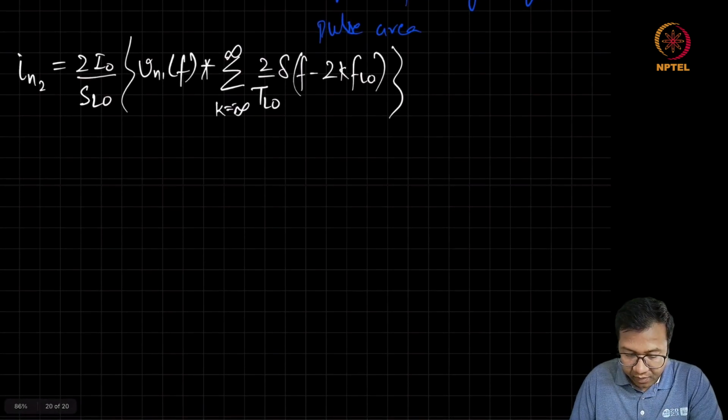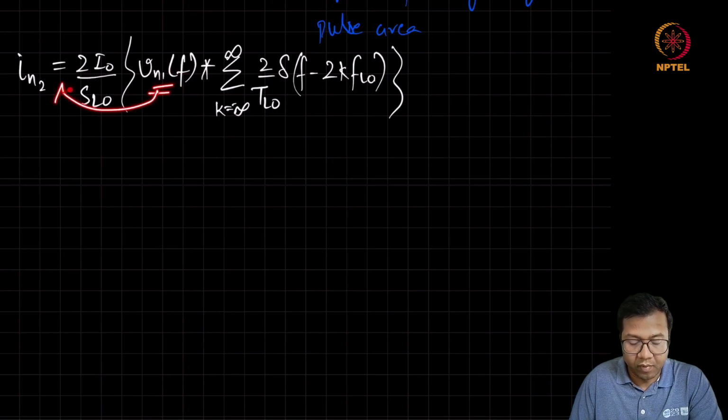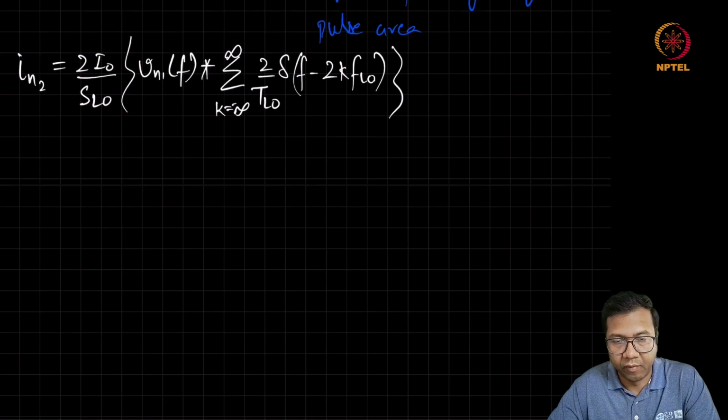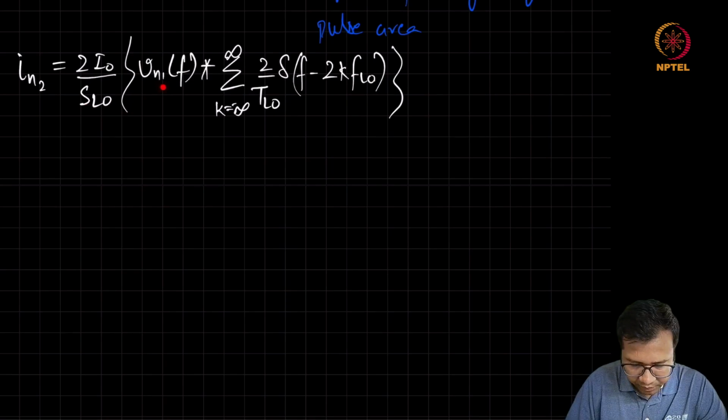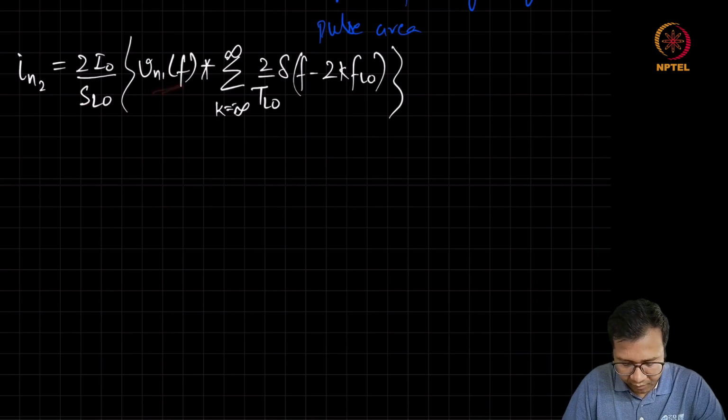Now we are interested in the effect of noise appearing close to the IF frequency. So this Vn1 will have 2 components, flicker noise and thermal noise. The flicker noise is mainly concentrated at the low frequency.